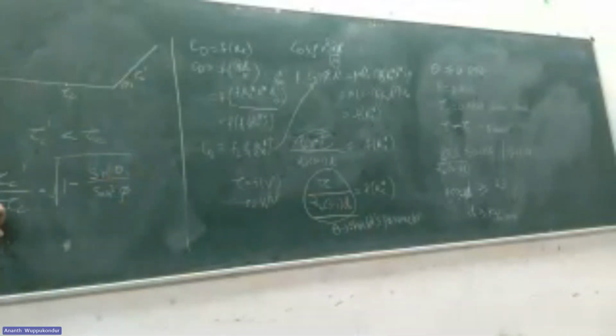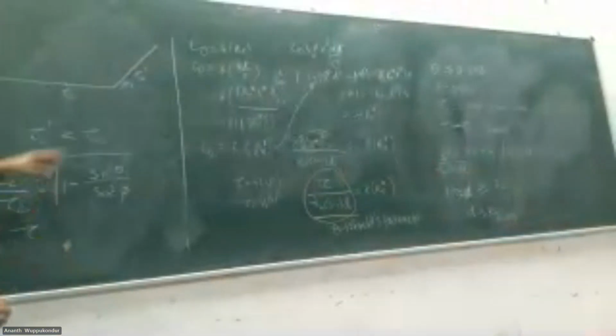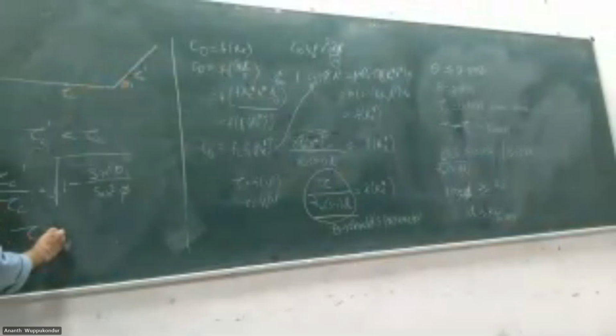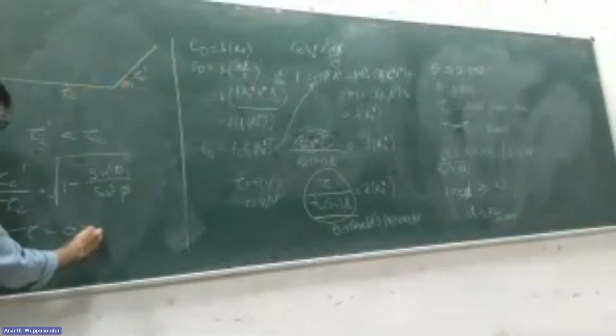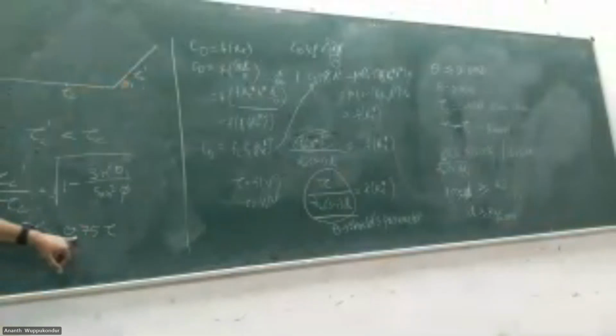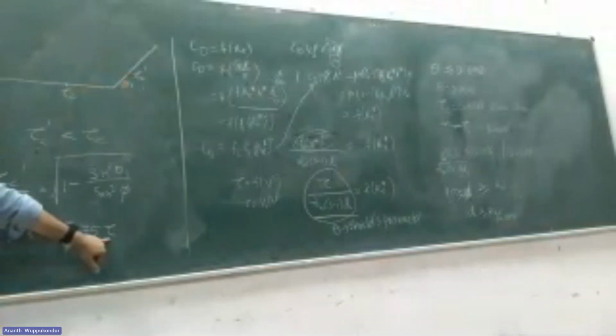So this is the ratio for tau c on the banks compared to the tau c on the bed. And generally, if you look at the shear stress on the banks compared to the shear stress on the bed, it is 0.75 times the shear stress on the bed.